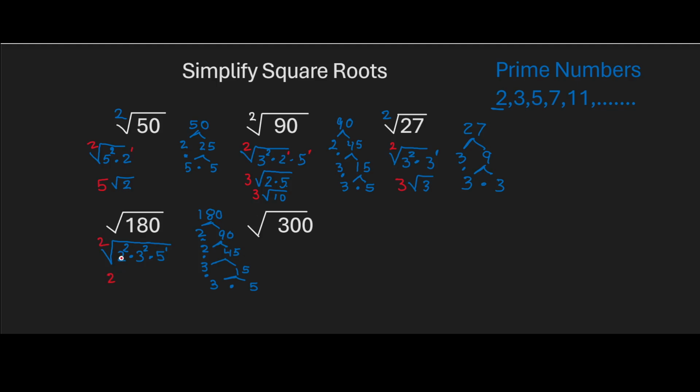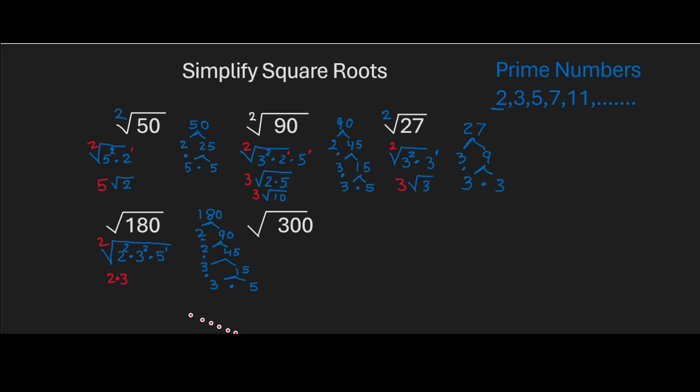Okay, so this number 2 is going to be outside the square root. The next one, 3 to the second power. This number 2 is divided by 2. That's how you get 3. Okay, but it's going to be multiplication. Very important: whatever comes out of the square root, once it's outside, they will be multiplying each other.